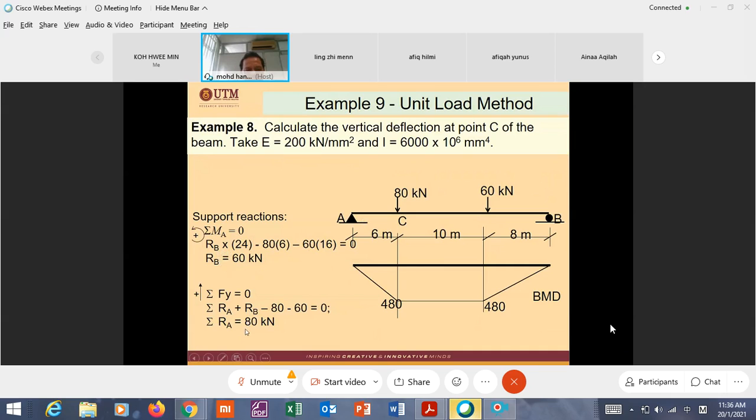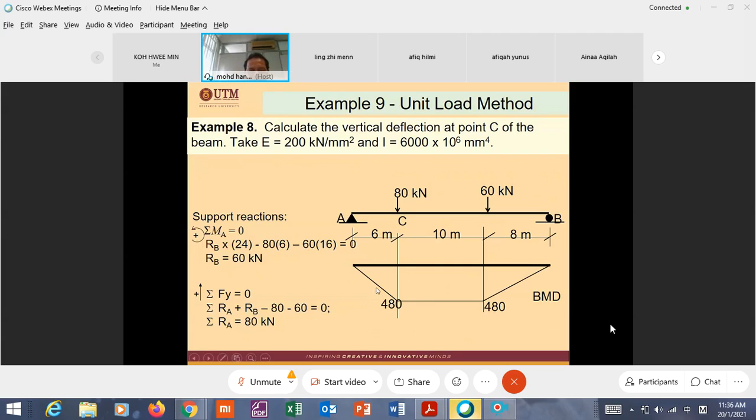It is a very simple loading condition. And 480, what is 480? 480 equals 80 multiplied by 60, and 480 here is equal to 60 multiplied by 80, the reactions. It is very basic. The question now is the vertical deflection at point C of the beam.